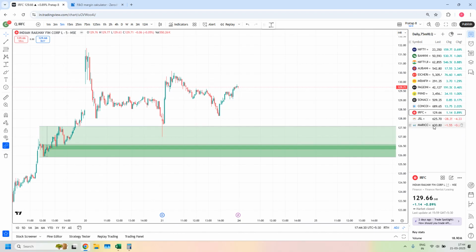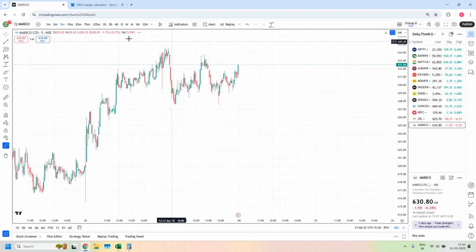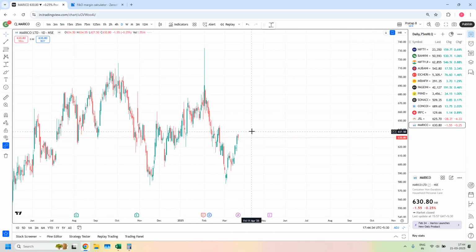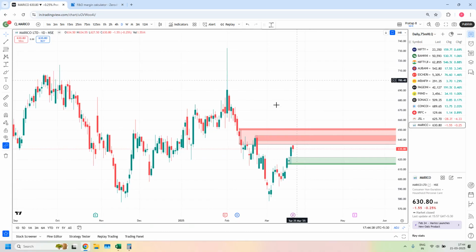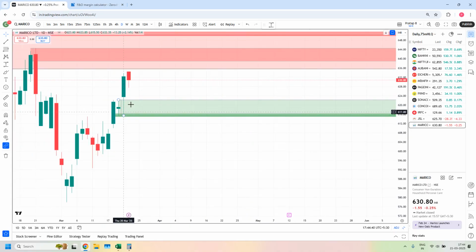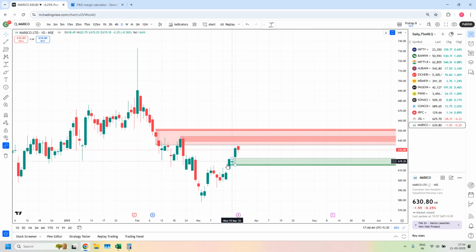And the JSL we discussed, and the last one is Marico. This is also a daily high liquidity supply zone. And this is also having a high liquidity demand zone also. This is moving in between 75 minutes high liquidity demand and supply zones.